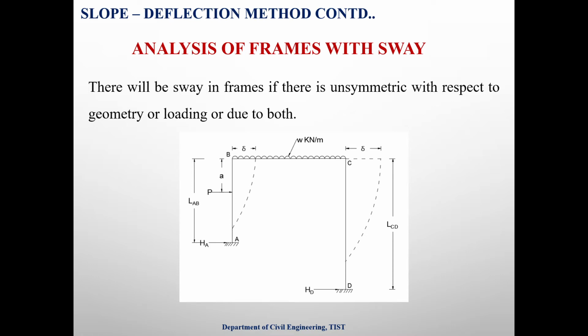When you consider the joint equilibrium equations here, the joint A, that is a fixed support, that means there should be some moment. Joint D, that is also a fixed support, that means there is some moment. Then in the case of joint B, in order to keep the joint B in equilibrium, MBA plus MBC is equal to 0.